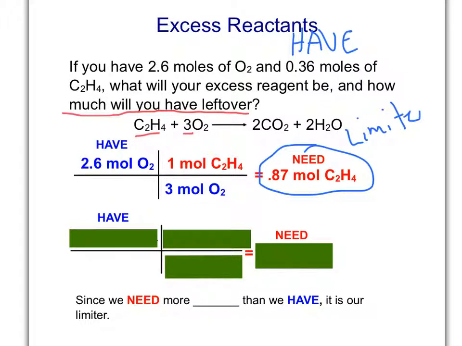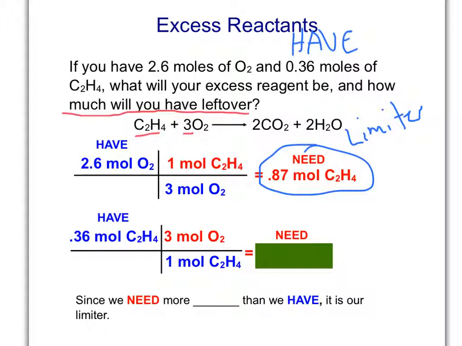But just because we like to do chemistry fun, let's continue on and solve for the next one. So now I'm going to say, okay, well, to use all 0.36 moles of my C2H4, how much of my oxygen do I need? Well, if I start with my 0.36 moles of C2H4, convert, I have 1 mole of C2H4 for every 3 moles of O2, and we see that I would need 1.1 moles of O2.